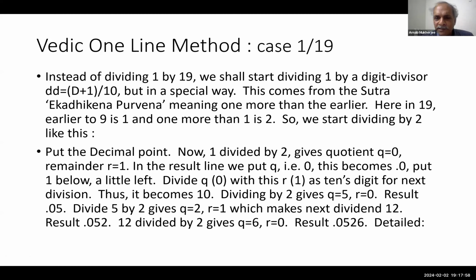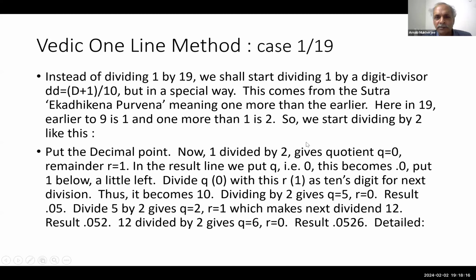We get 5 and remainder 0. The result becomes 0.05. Divide 5 by 2: the quotient becomes 2 and the remainder 1, which makes the next division 12. The result is 0.052. That way it goes.